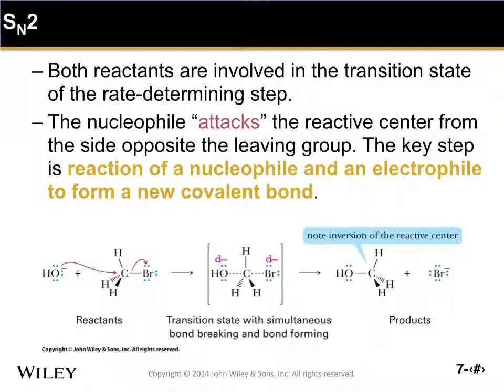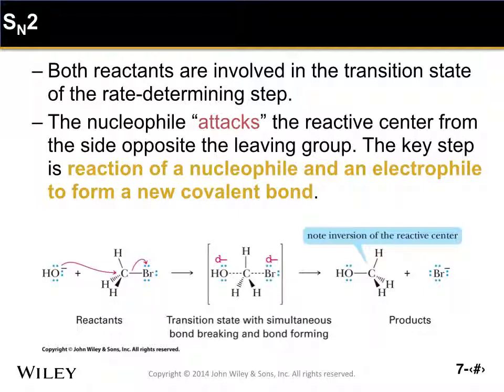That's really old terminology having to do with when these ideas were first gelling way back when in the latter part of the 19th century. And folks were pretty militaristic then. So they looked at the donation of a pair of electrons from the hydroxide to the carbon as an attack. The hydroxide is attacking the carbon, the bromomethane carbon, for example.